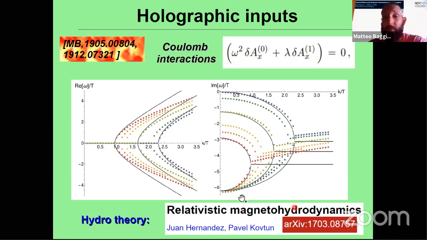Magnetohydrodynamics is basically the extension of hydrodynamics when you consider the magnetic and electric fields as dynamical. It's done in this very nice paper by Hernandez and Kovtun. There the expressions are in total agreement with this behavior. So the Coulomb interaction produces a relaxation time for these modes.